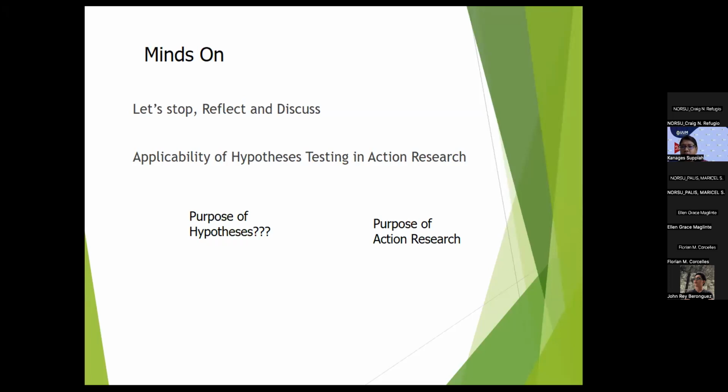Then check and see to what extent hypothesis testing can be applied in action research. Right. Anyone wants to share? Can I hear some views?